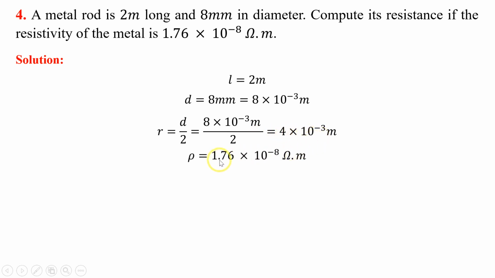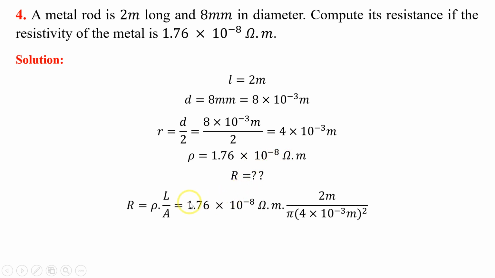Resistivity of the wire is 1.76 into 10 raised to the power minus 8 ohm meter. Resistance is equal to resistivity times length over area. Putting the values in, the resistance of the wire comes out to be 7 into 10 raised to the power minus 4 ohm.